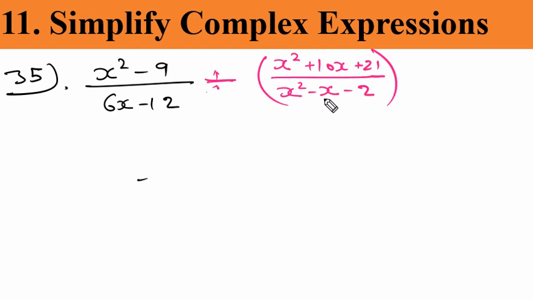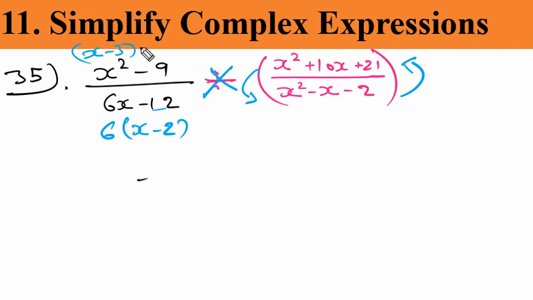Now what you will do is, the next step was change this sign to multiply, flip it, and that's it. For factoring, you can use the calculator. If you have something like this, take x minus 6 as common factor, and this will be x minus 3, x plus 3, right? Good. Now next question.